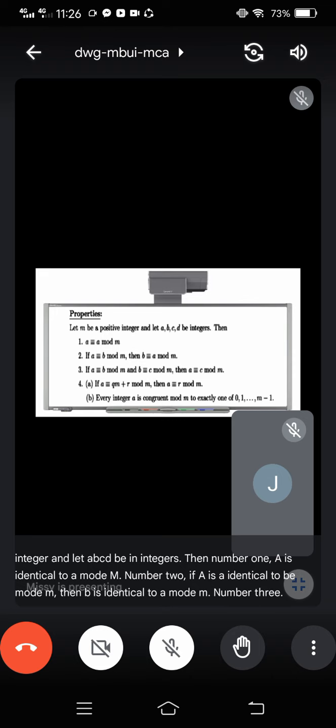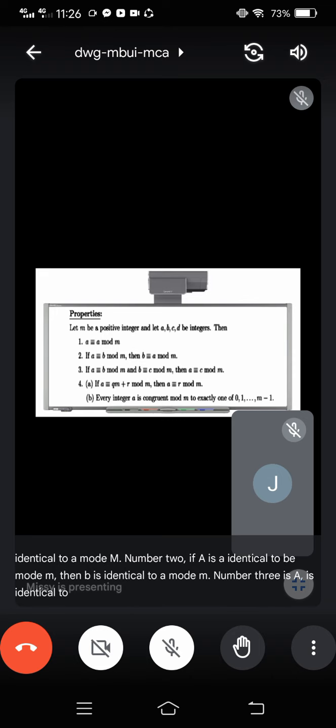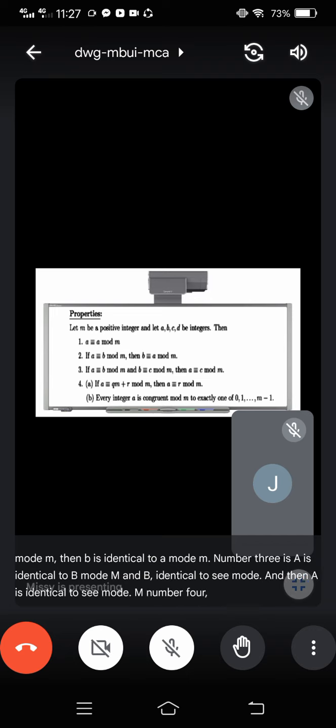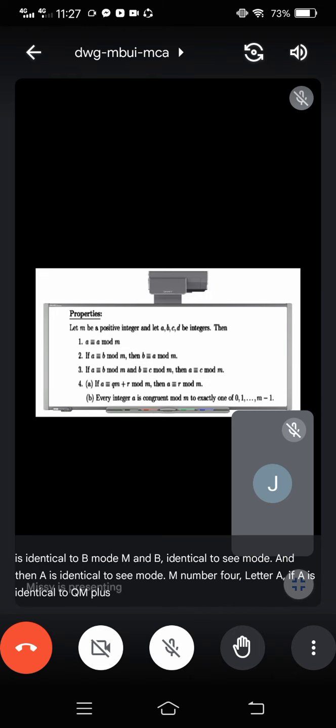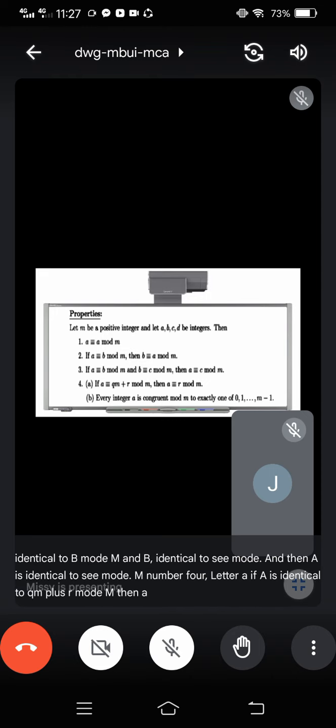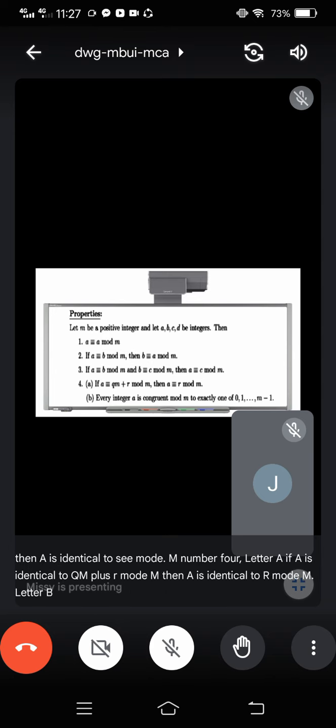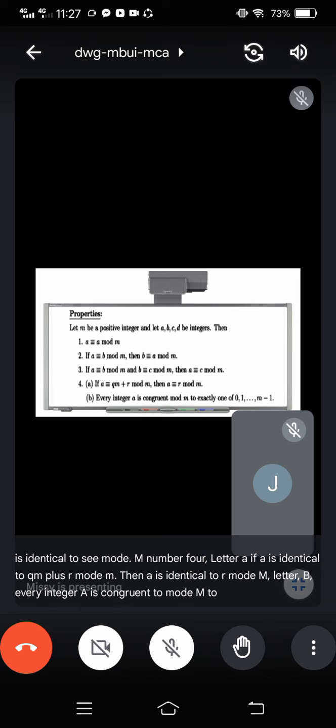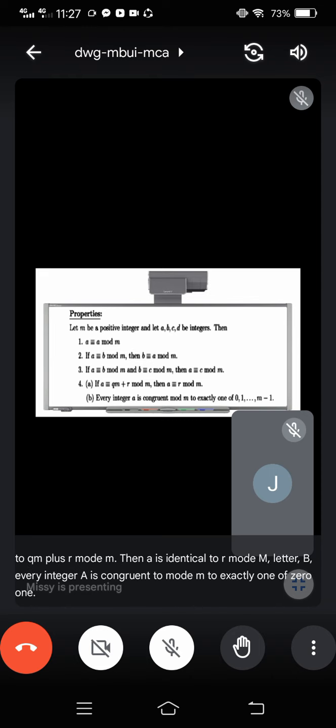Number 3, if a is congruent to b mod m and b is congruent to c mod m, then a is congruent to c mod m. Number 4, letter a, if a is congruent to qm plus r mod m, then a is congruent to r mod m. Letter b, every integer a is congruent mod m to exactly one of 0, 1, 2, up to m minus 1.